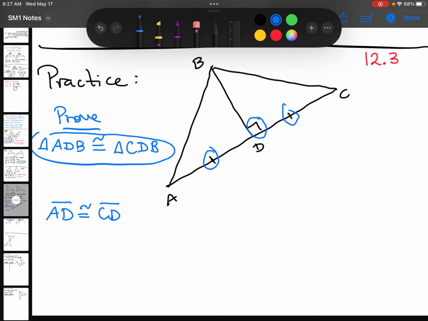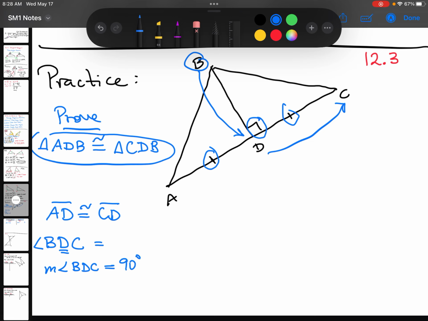Angle BDC, because I start from here, then go down here, and then make it to C. And as you can see, D is the vertex of that angle. Angle BDC, we are absolutely sure, and I should write it like this: the measure of angle BDC is 90 degrees because of this square right here. Okay, that's a given. That was part of the picture.